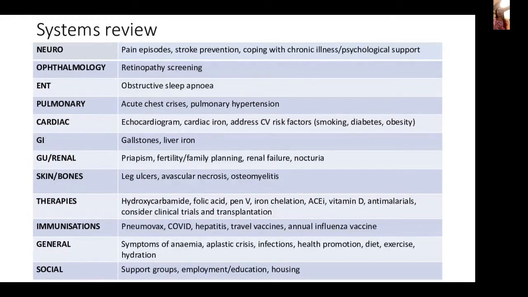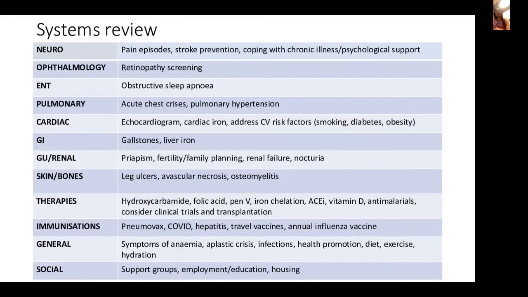And I think it's important to make sure you have a conversation with patients, and if they seem interested in the possible clinical trials or curative interventions, we should definitely support them with that. And then you want to make sure that they're up to date with their vaccines, particularly in the adult population.